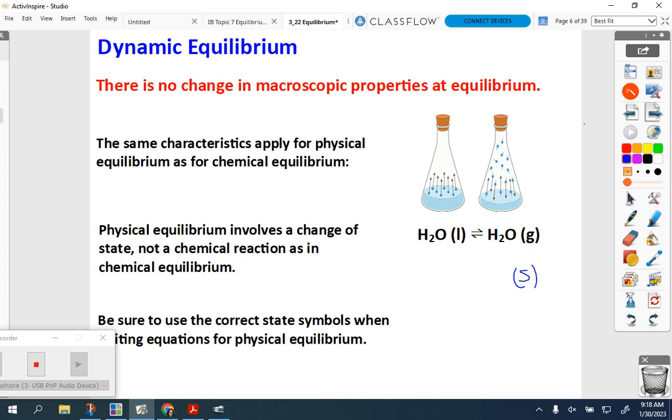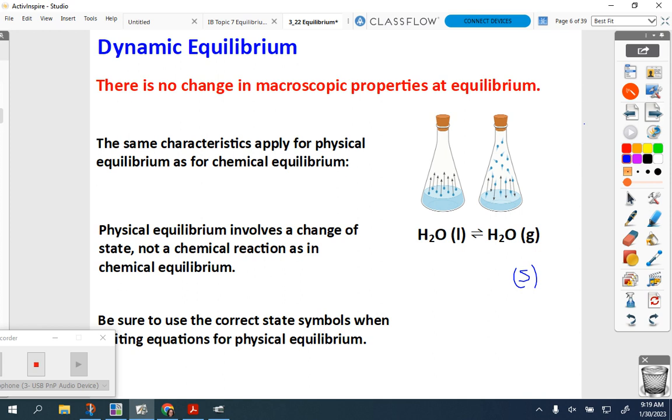We're going to revisit this again in the next slide, but it says there's no change in macroscopic properties at equilibrium. Macroscopic is the opposite of microscopic. Microscopic meaning something tiny, macroscopic meaning something big. So once we're at equilibrium, in this case, the water level isn't going to change. That's a macroscopic property. The volume of liquid is not going to change once we reach equilibrium, unless something changes in the conditions.